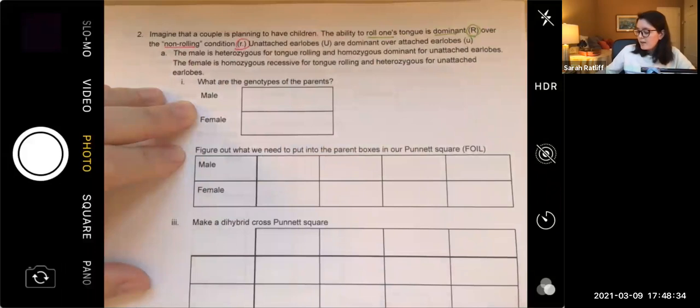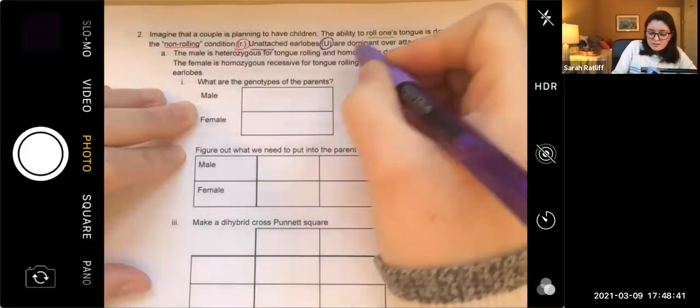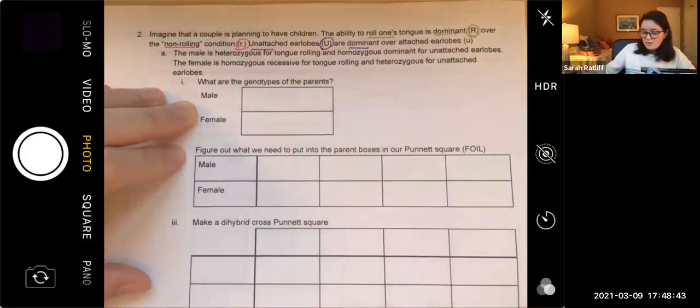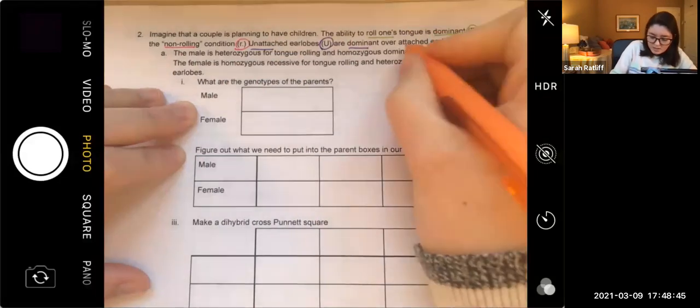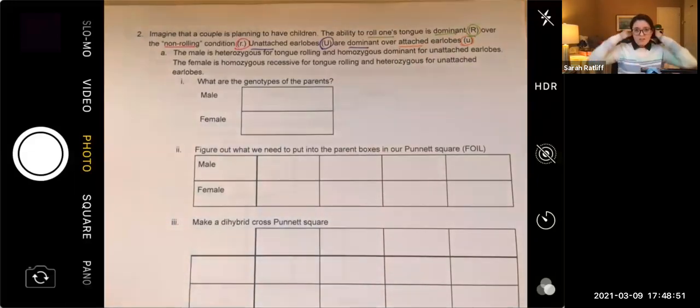All right, then we're going to have unattached earlobes are dominant, and attached earlobes are recessive. Great, we figured out what's dominant, what's recessive, what letters to use. Now moving on to A. The male is heterozygous for tongue rolling and homozygous dominant for unattached earlobes.